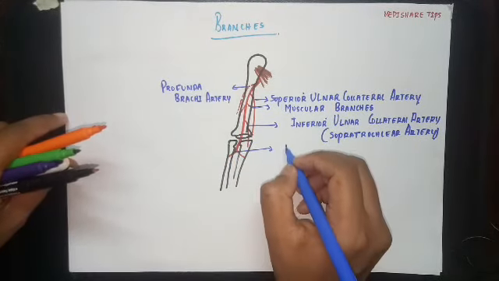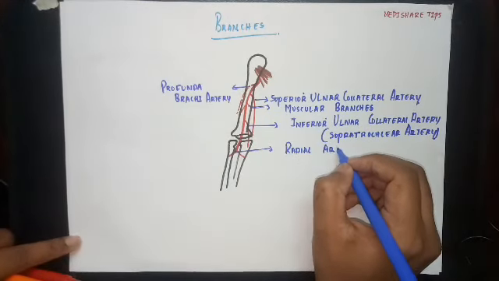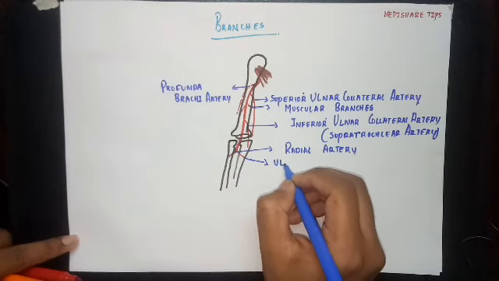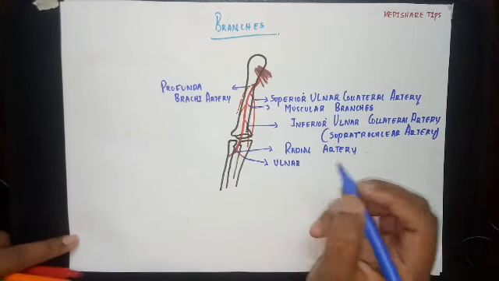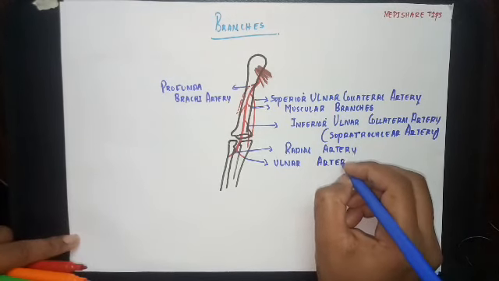This is the radial artery and the ulnar artery. These are the branches of brachial artery.